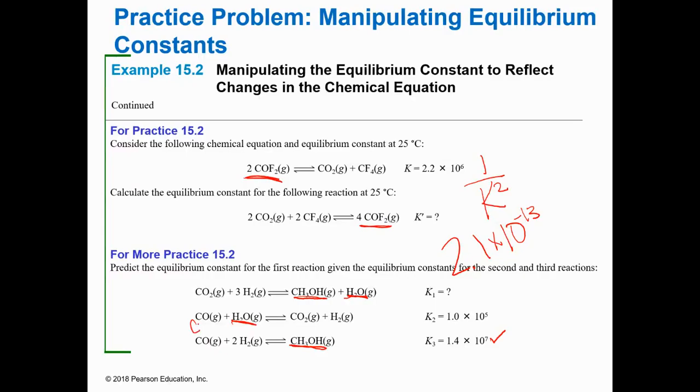So it's going to be CO2 plus H2 yields CO plus H2O. Once I flipped it, that reaction goes away, and this K becomes 1 over 1 times 10 to the positive 5, which is just 1 times 10 to the negative 5.